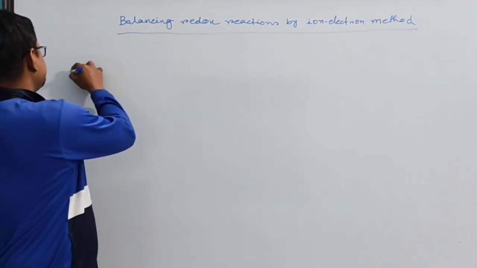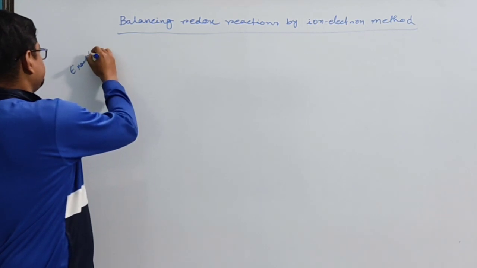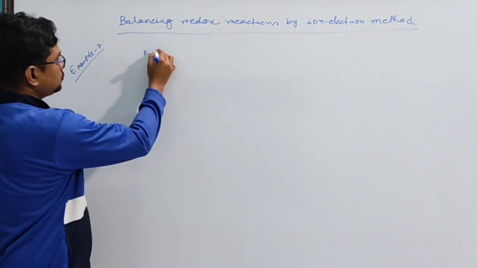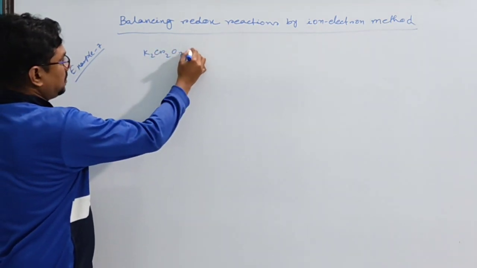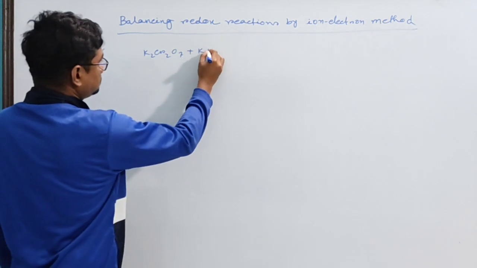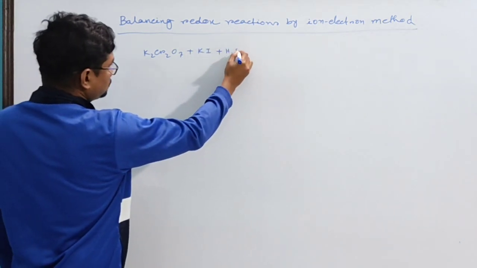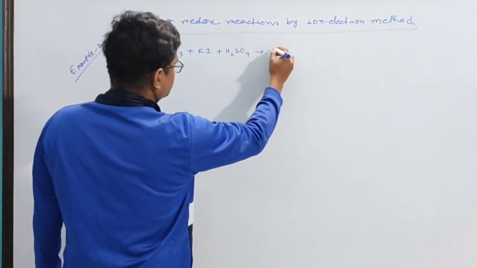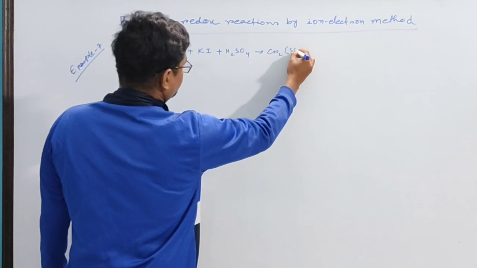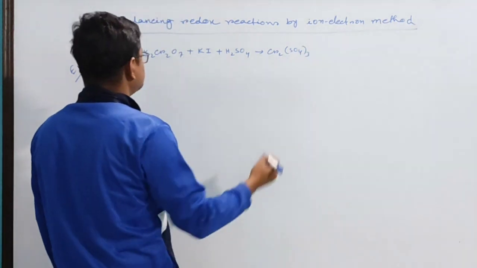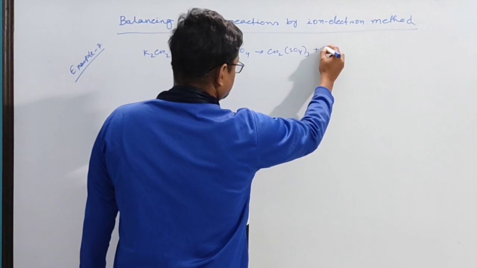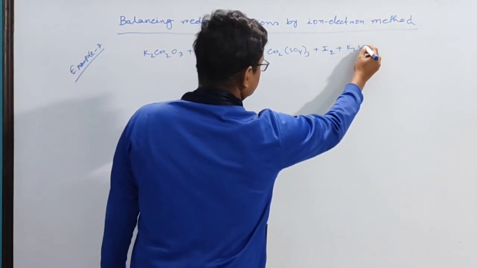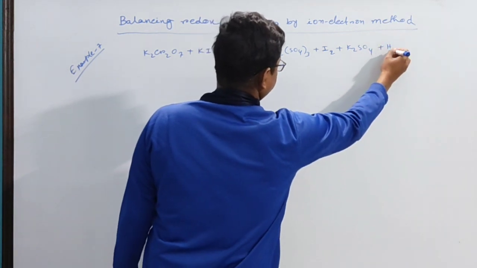Okay, so today is example number 7 and the reaction is K2Cr2O7 plus KI plus H2SO4 giving Cr2(SO4)3 plus I2 plus K2SO4 plus H2O.